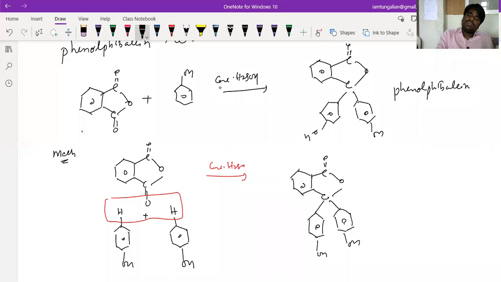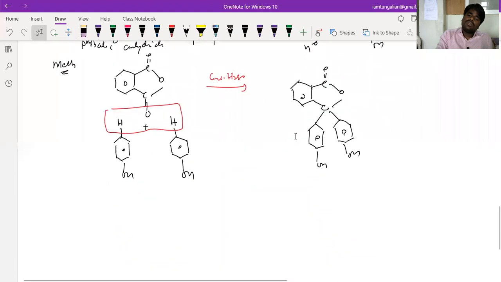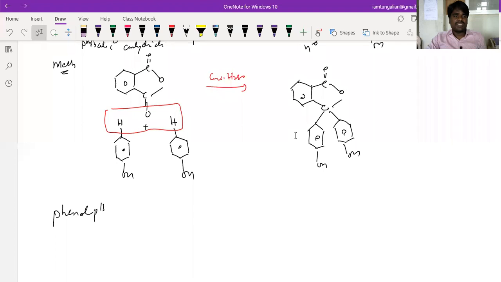This is your phthalic anhydride, and this is your phenol. So this is an indicator, phenolphthalein, used as an indicator for acid base titrations.